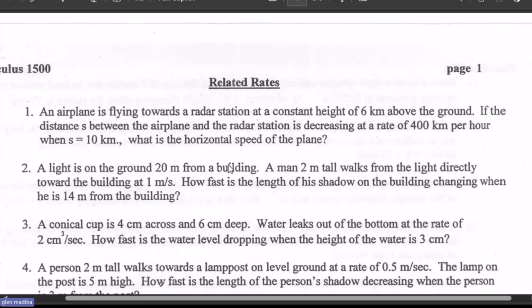Remember, we still have to go back to the theorem of Pythagoras and put all this information together so that we can calculate what is required, which is the rate of change of y. As you and I agree that when they say how fast is the length of his shadow, the length of the shadow can come from the x-axis. Do you agree?